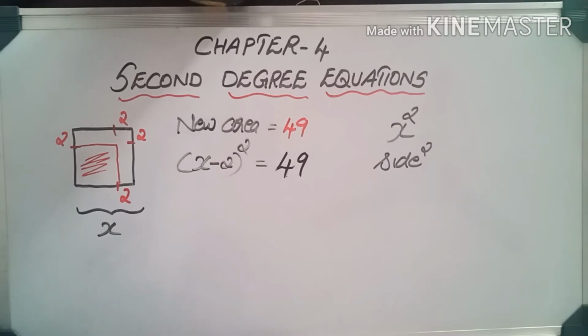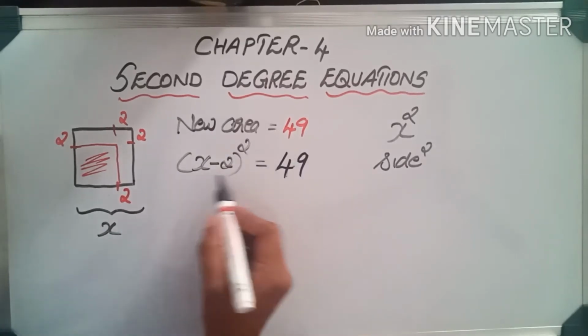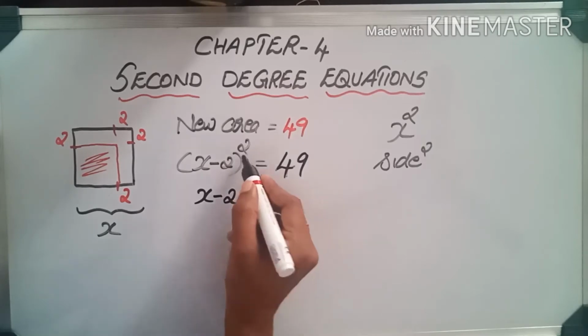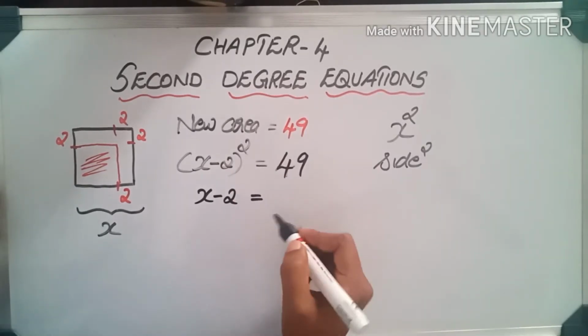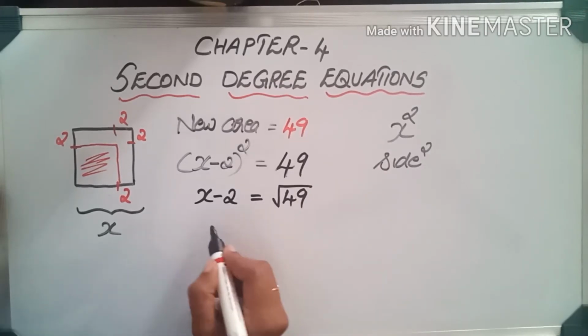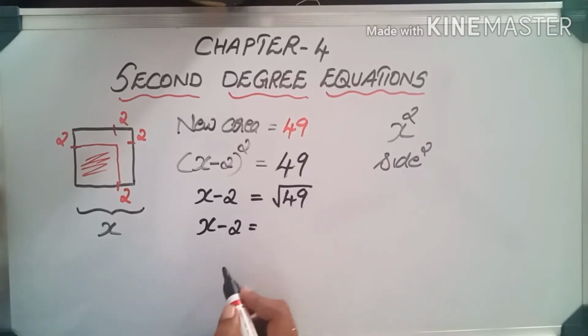So for that, first of all, let's take this square to the other side. The remaining will be x minus 2 equal to, the square comes to this side as the reverse, that is root 49. Now x minus 2 equal to root 49, which is 7, since 7 sevens are 49.